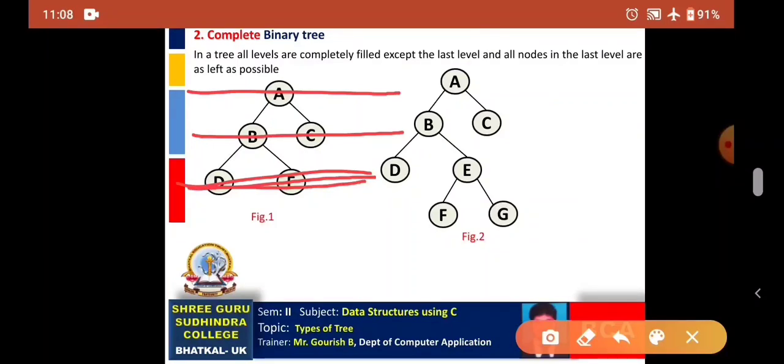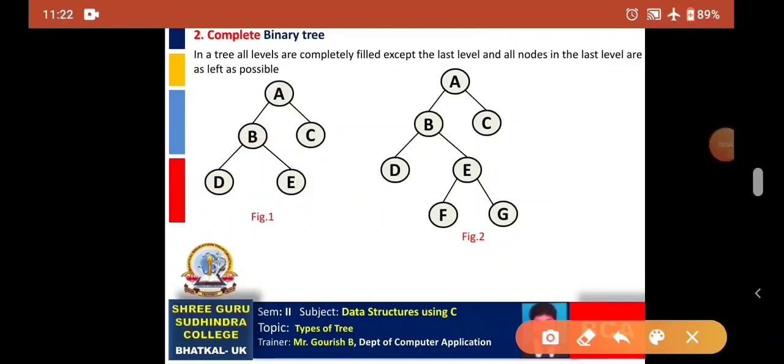To make it complete, what is missing there? The children of C are missing, right? But still it is a complete binary tree. Why? What is the condition? The condition is that all the nodes in the last level are as left as possible. Which is the leftmost child in the last level?